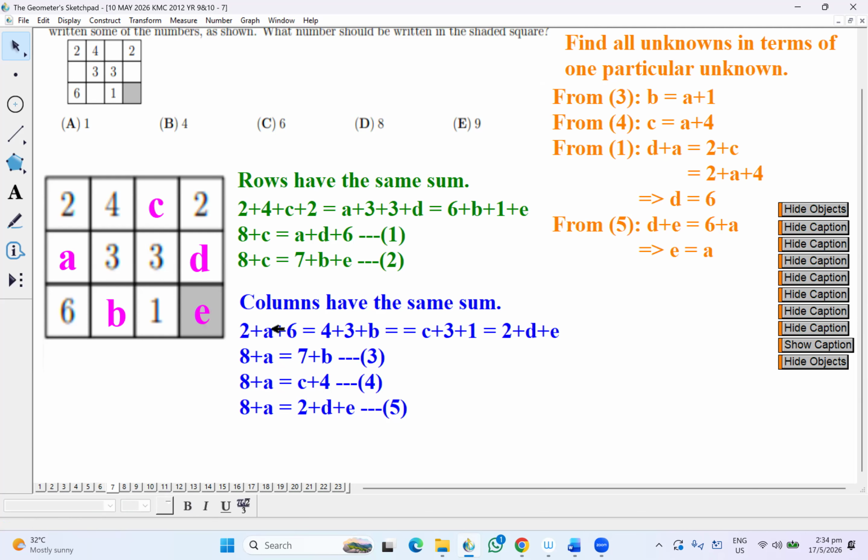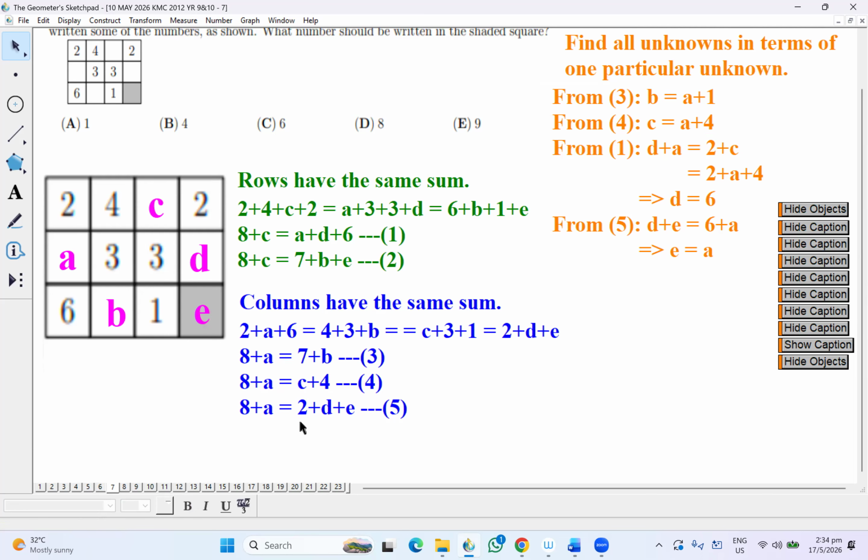So from here, 8 plus B is equal to A plus 1. Equation 3, this one. So you want B in terms of A. Then equation 4, C in terms of A. Okay. So then the next one, we look for A some more.